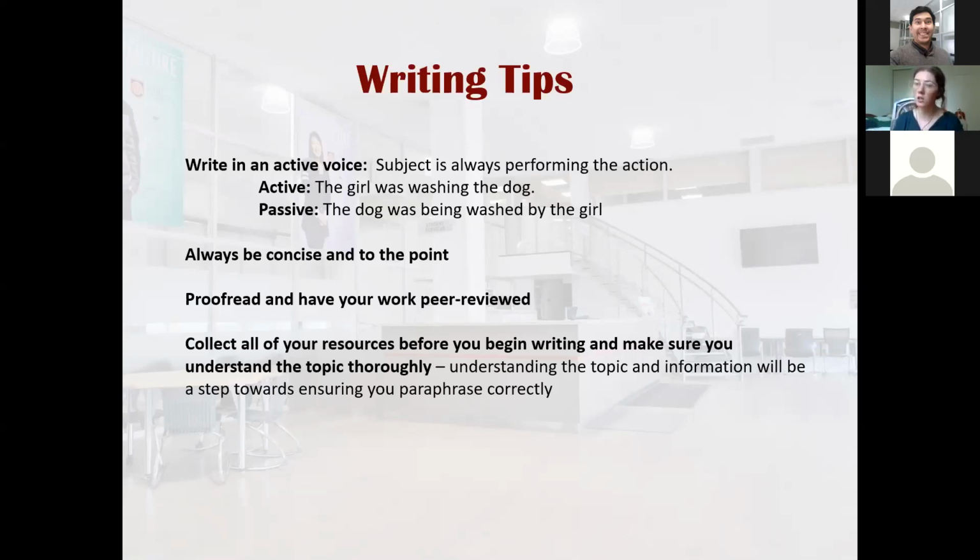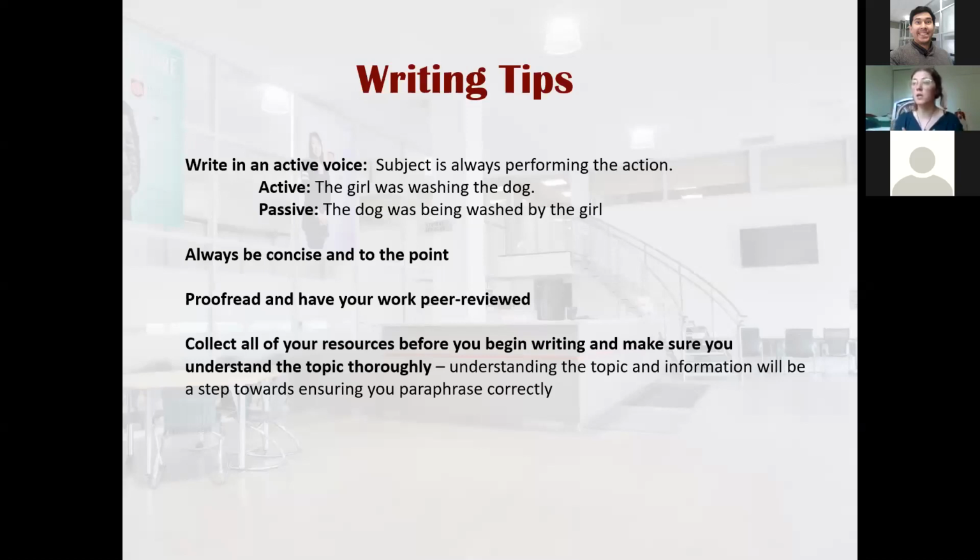The girl is the subject, and she is performing the action on the dog. You don't want to be writing in a passive voice where the subject, the dog, is being washed by the girl, so that the action is happening to the subject. You want to flip it around and make sure that the subject is always performing the action. It sounds better. It's just a better way to use your voice in academic writing.